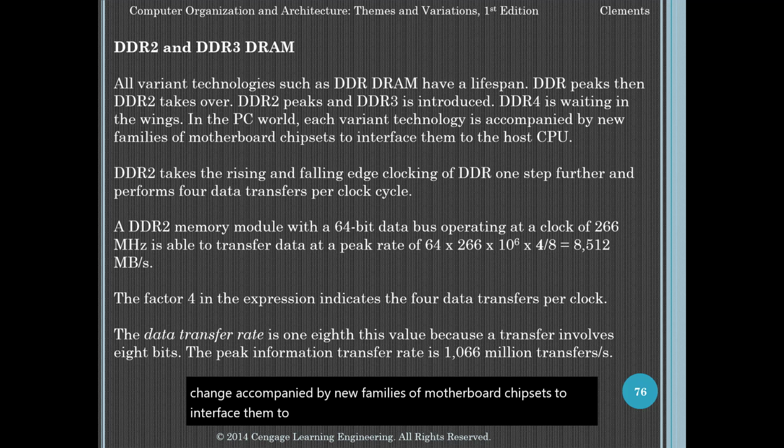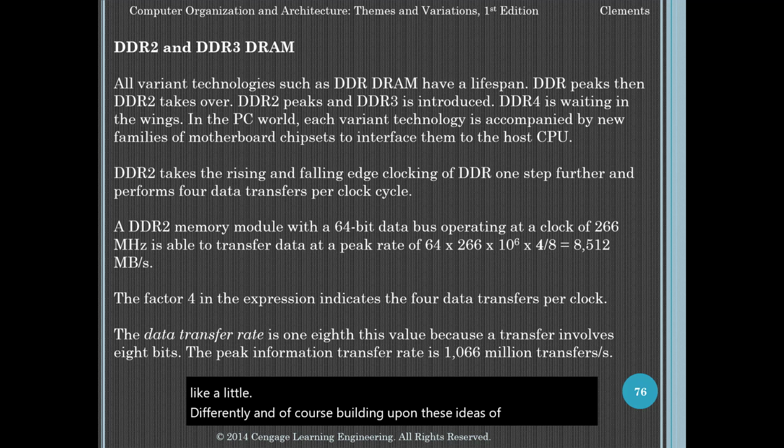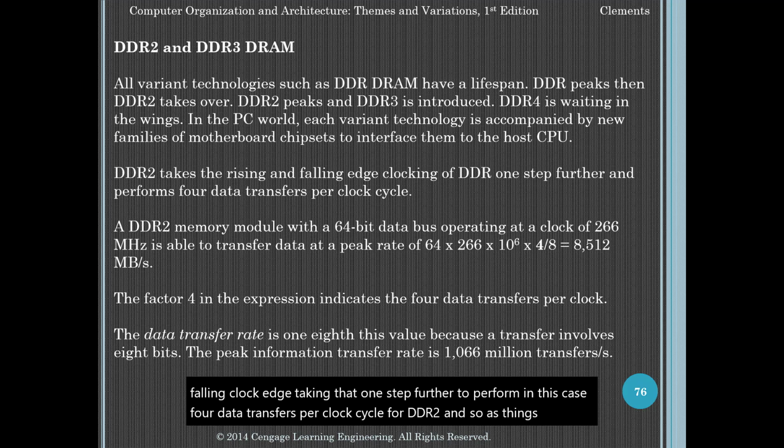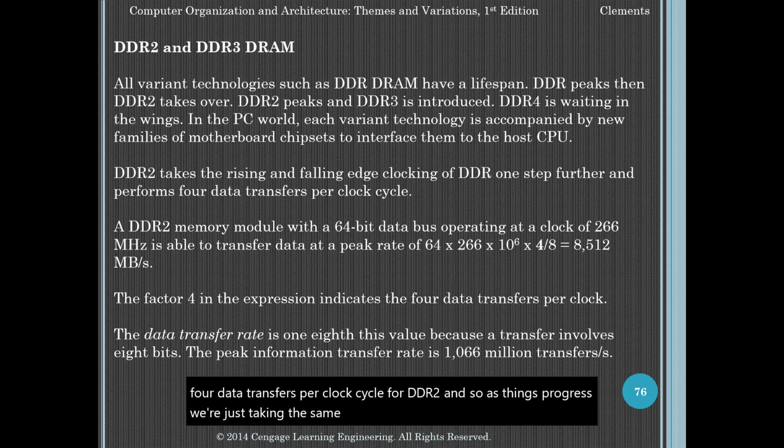They all operate a little differently, building upon these ideas of the rising and falling clock edge, taking that one step further to perform, in this case, 4 data transfers per clock cycle for DDR2. As things progress, we're taking the same ideas and improving upon them so that we can try to get faster performance.